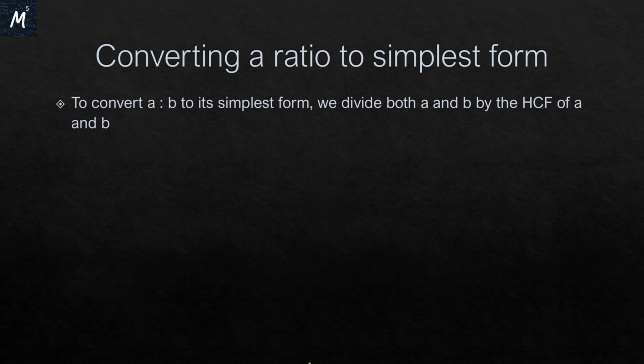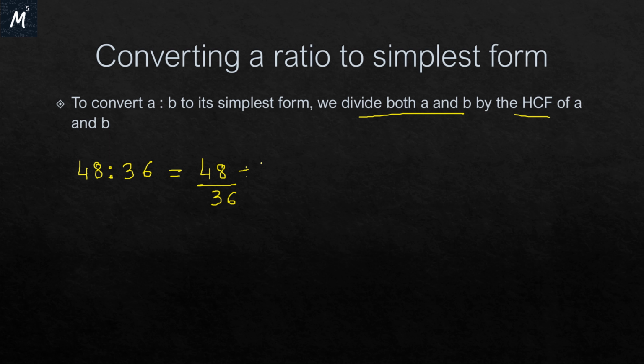Now, every time the ratio is not in simplest form, we need to convert it. So how do we do it? Very simple. We are going to divide both numbers by their HCF. Let's take one example. 48 is to 36 is our ratio. We'll write it in division form, 48 upon 36. Now the numbers are 48 and 36 and we know their HCF is 12.